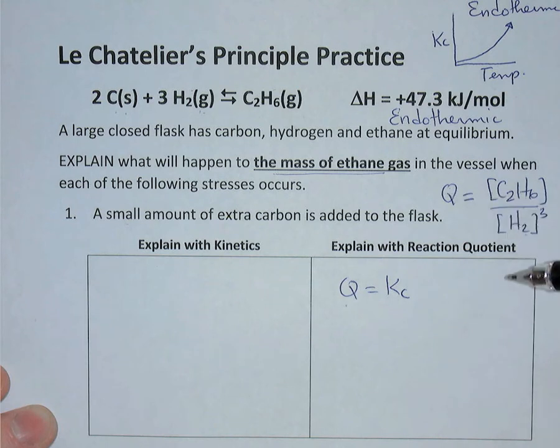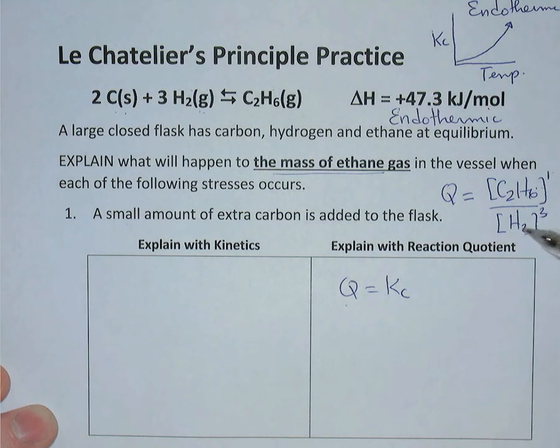However, Q will definitely be affected, or may be affected, let me put it that way. It depends on the orders in the numerator and denominator of the expression. In this situation, both of these concentrations, the ethane and hydrogen, will increase because the volume of the container decreased. But the denominator of Q, because it's third order, will increase to a greater extent than the numerator, which was only first order. Now be careful how you phrase that. Notice I said the concentration of ethane and the concentration of hydrogen will both increase, and they'll increase equally.